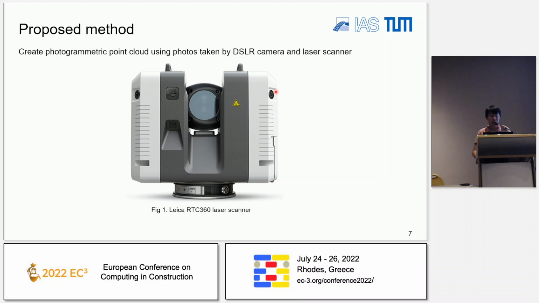It's a Leica RTC 360 laser scanner. This laser scanner can take photos as well and scan the 3D space at the same position. Then those photos taken by the laser scanner can be considered as a bridge to register photos taken by cameras to the 3D laser scanned point cloud.